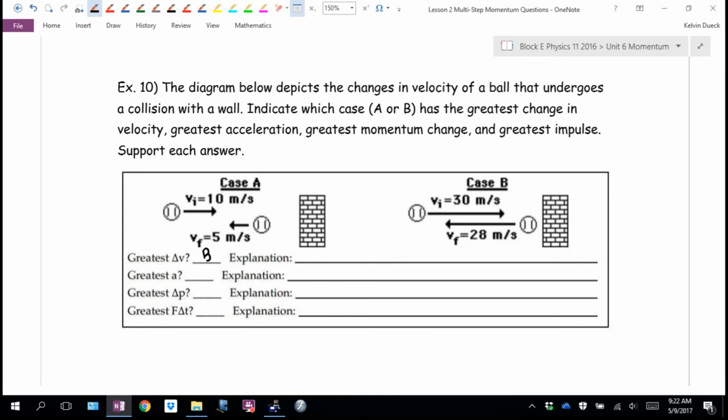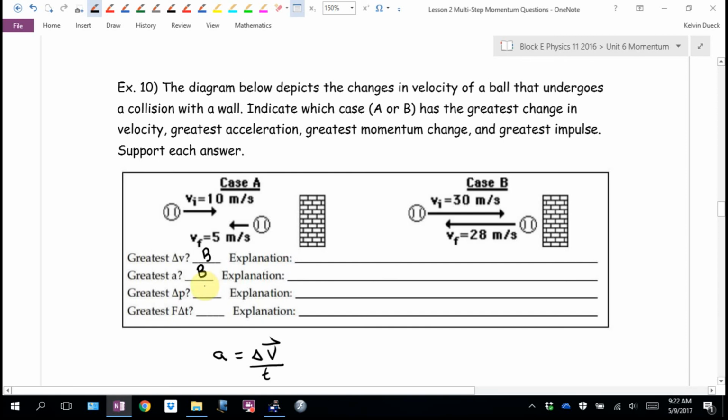Which one will have the biggest acceleration? So now we go back to the very beginning of the year, and I told you that acceleration was defined as change in velocity over time. You know which one's going to have the biggest acceleration? The one that has the biggest change in velocity. So, answer? B. Which one's going to have the biggest impulse?